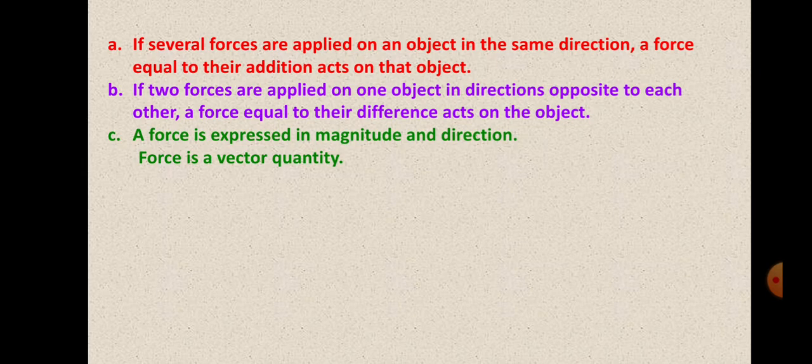And in the first one we had seen that if the two forces are applied in the same direction, then the force is equal to their addition. So the direction does matter in case of force, right? Not only the amount of force, but direction also is very important. Thus, force is a vector quantity. It is expressed in magnitude as well as direction. Okay.